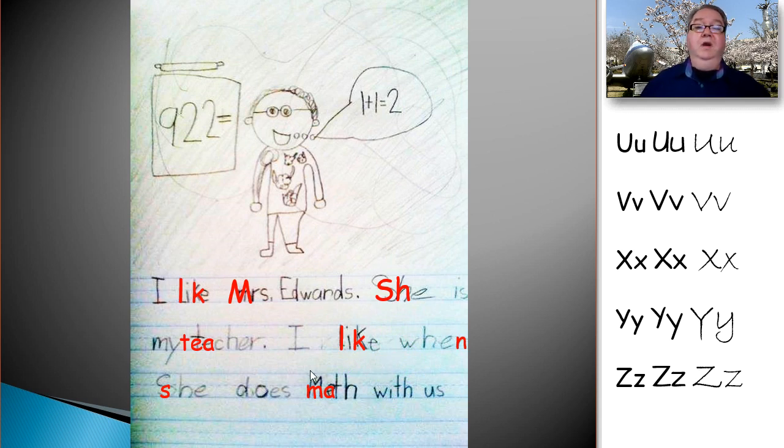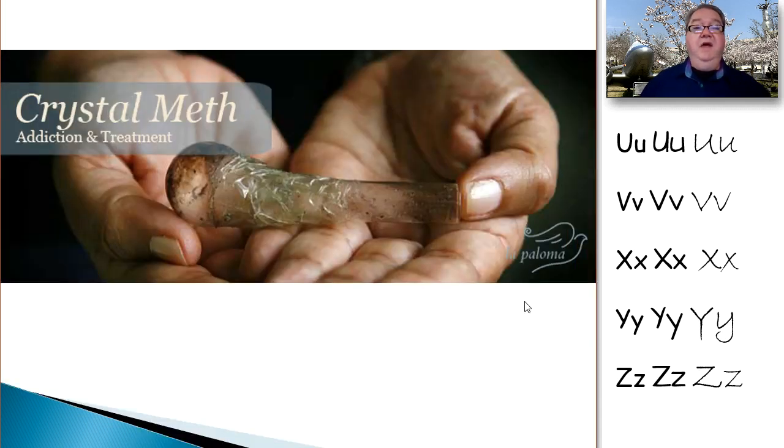Now, we've got the spelling mistake, but what is meth? Because that's actually a real word. Meth refers to crystal meth. Crystal meth is a drug. Okay? Crystal referring to the form, the shape it's in, like a crystal structure, the arrangement of the atoms would be a crystal form.